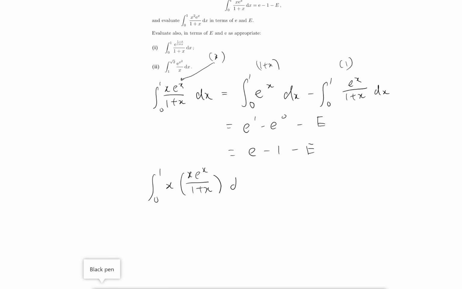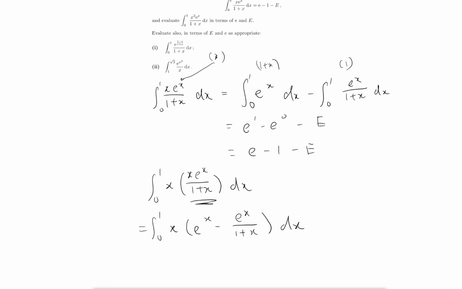That bit is very similar to the integral just now, so we could split it like we did just now. It will be e to the x subtract e to the x on 1 plus x, because we could write it as a difference of these two functions, dx.